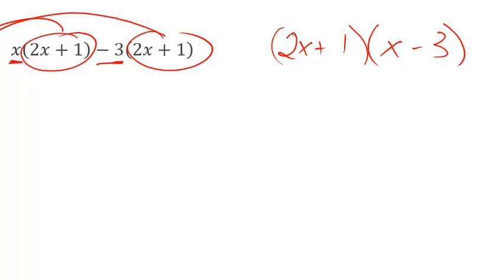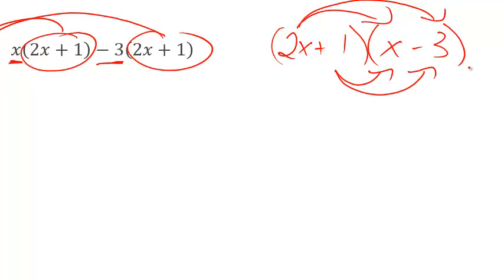And just to show, let's go ahead and follow this out. So we're going to distribute our 2x. So 2x times x and 2x times negative 3, and then distribute the 1 times x, and then 1 times negative 3.